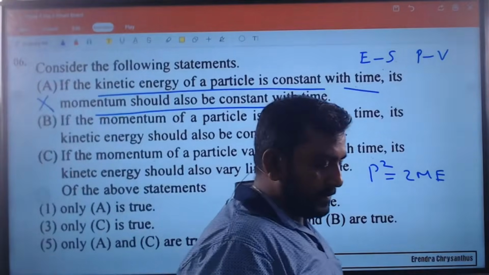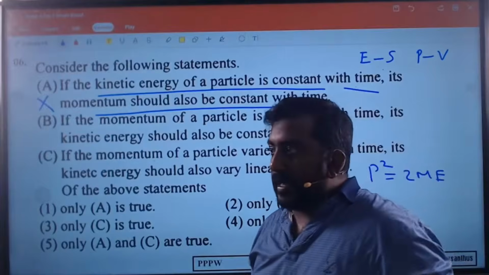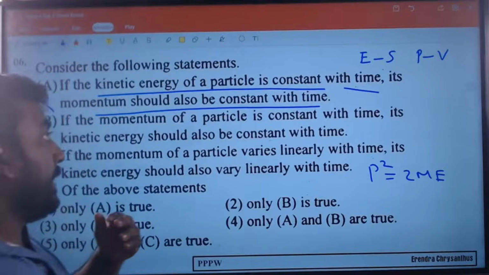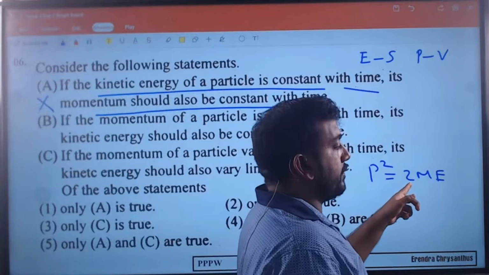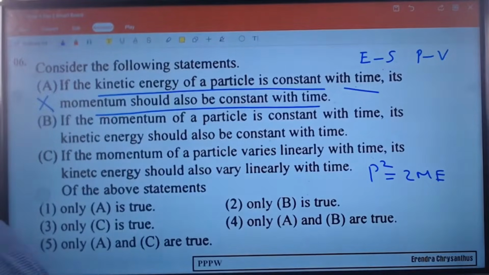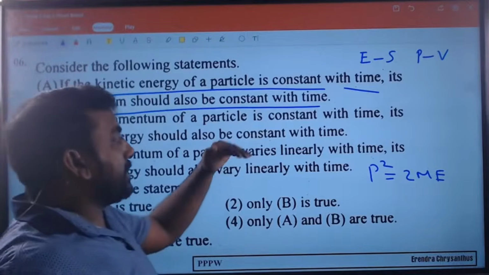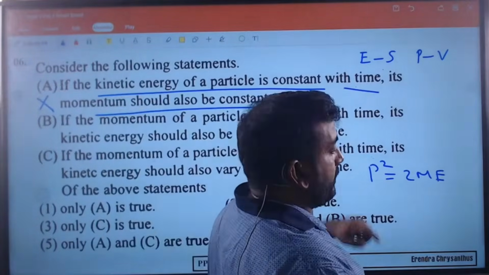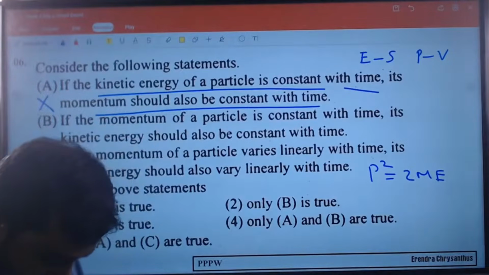Write the small sentence: just because the kinetic energy is constant, the momentum cannot be constant because momentum is a vector quantity, and kinetic energy is a scalar quantity.